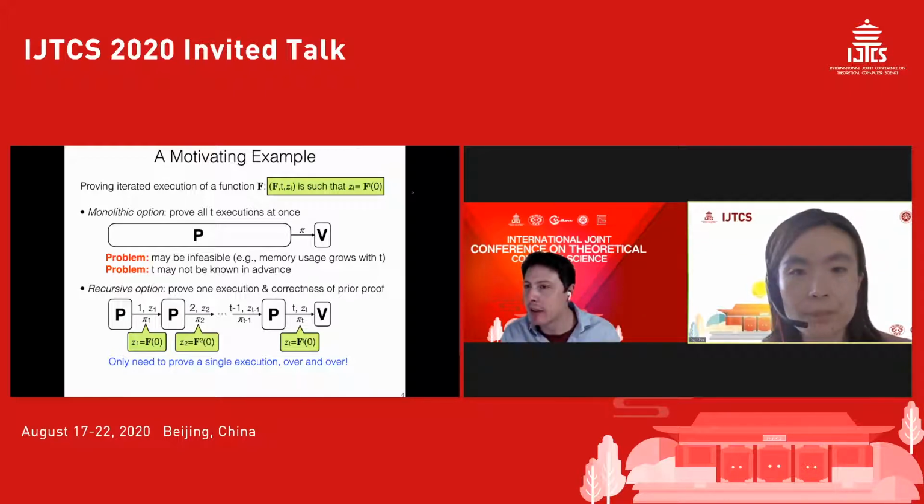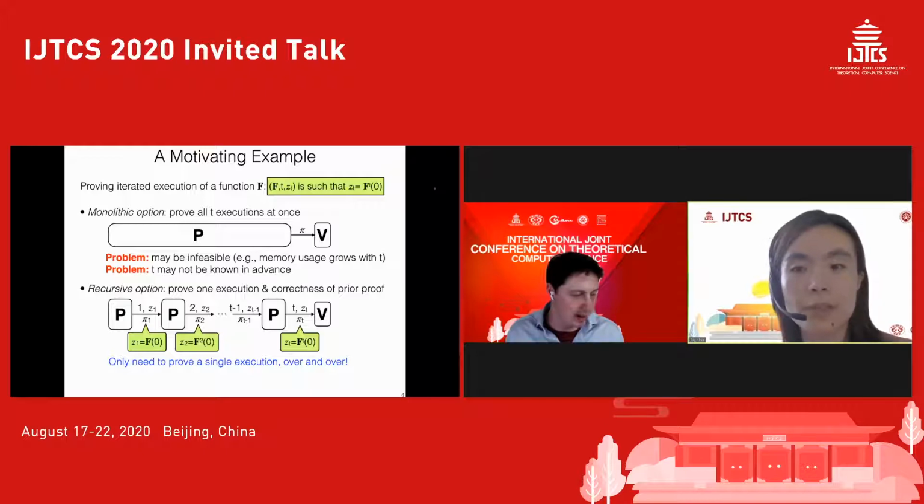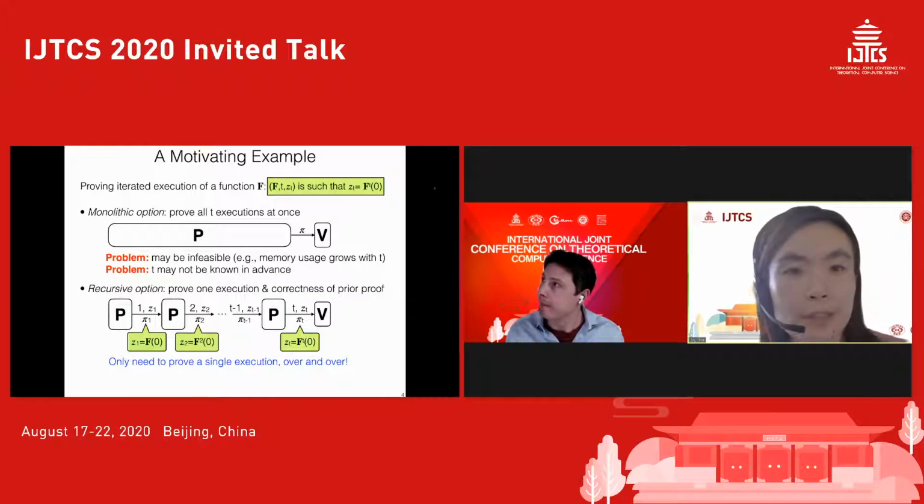Pietrzak. Oh, so this is a specific type of verifiable delay function. Right. The question is whether this function fits the definition.